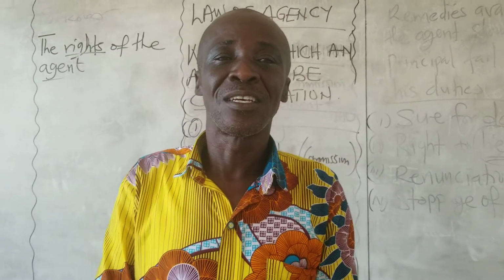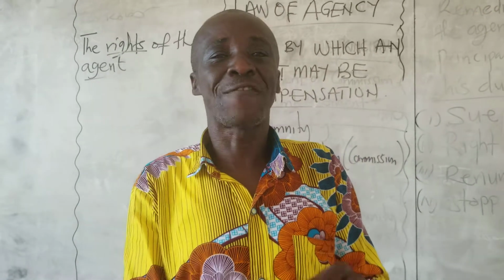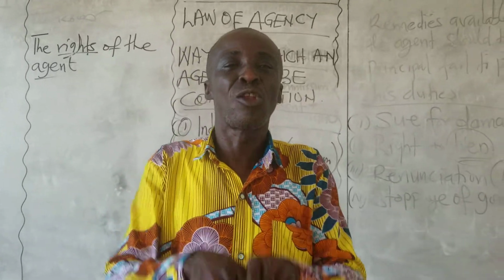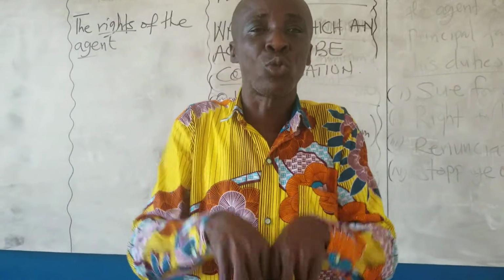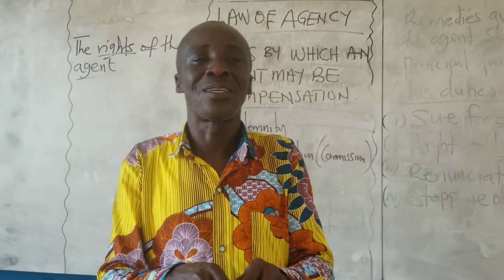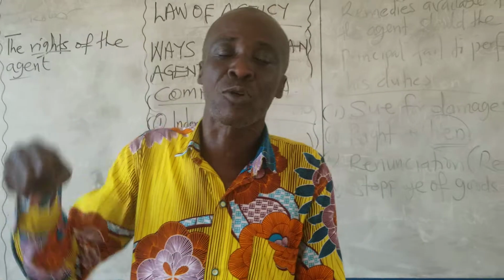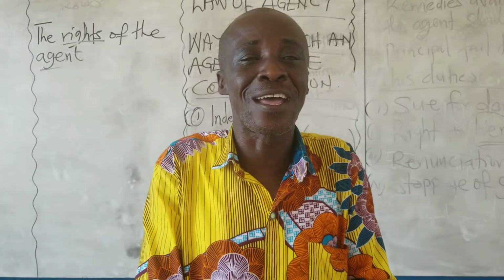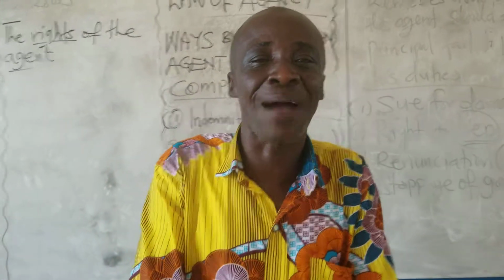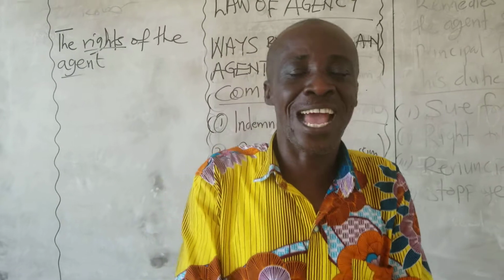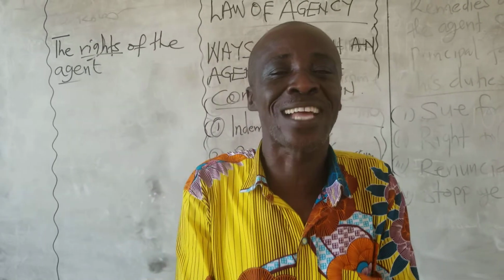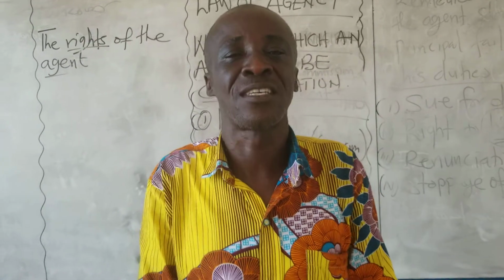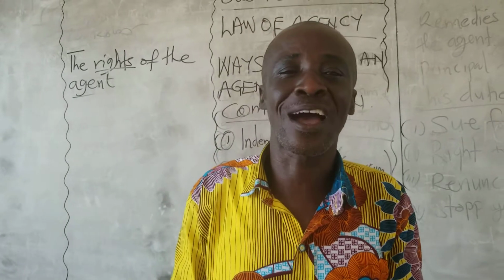The reason was that the factor has possession legally, lawfully. He possesses goods. The principal has given him the right to buy goods and keep the goods. Once he has the right to buy goods and keep them, it means the factor has legal possession of those goods, and then he can retain those goods as security for debt that the principal owes him.